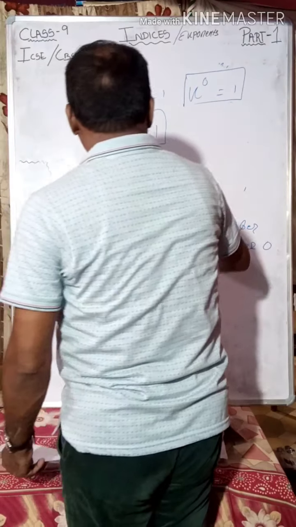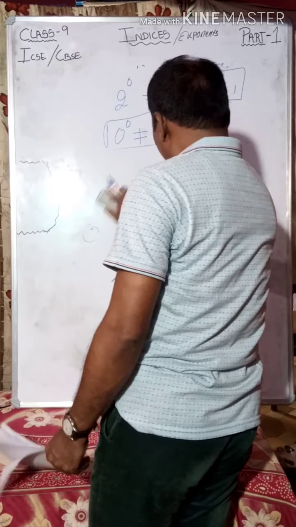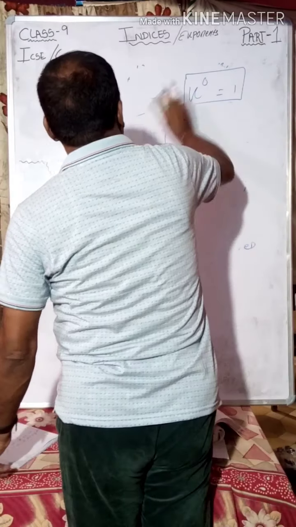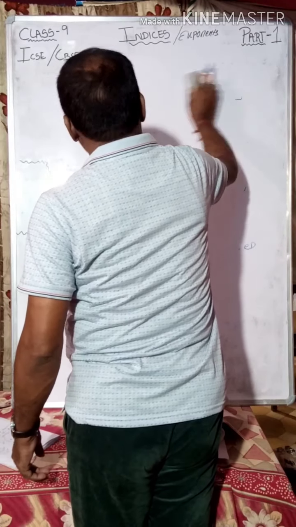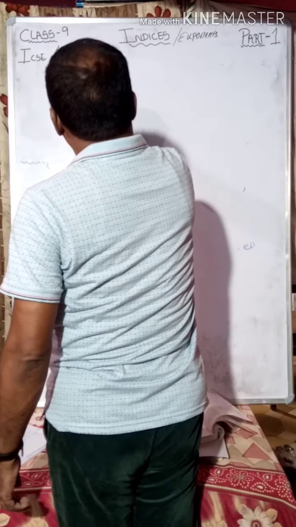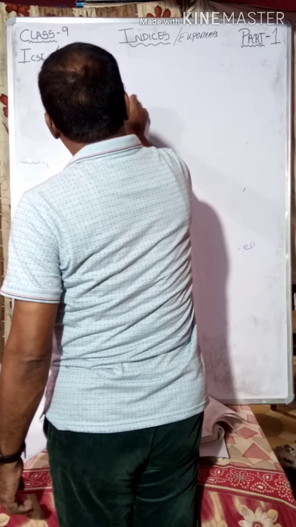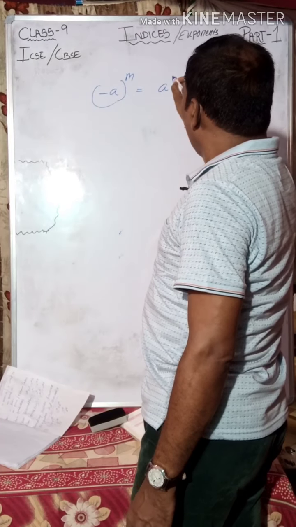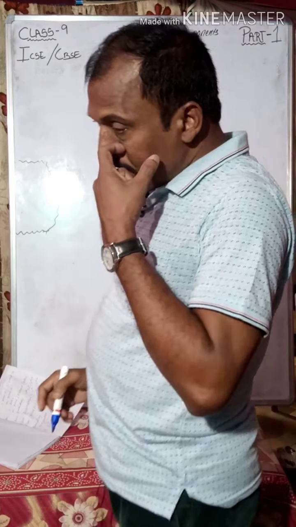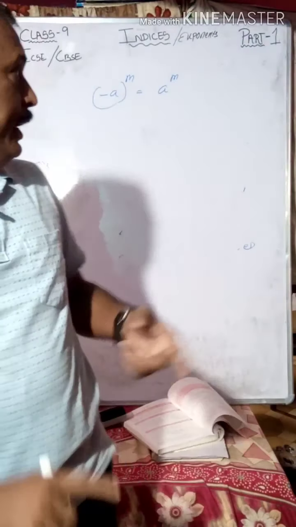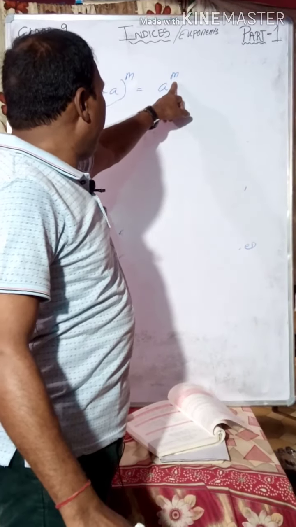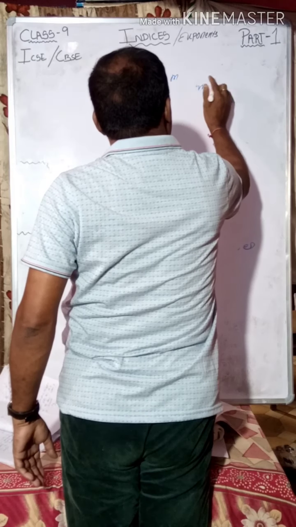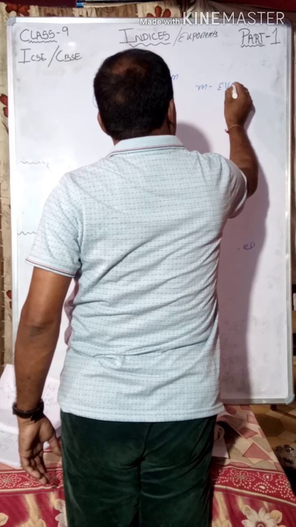Then, minus a to the power m is equal to a to the power m when m is an even number.